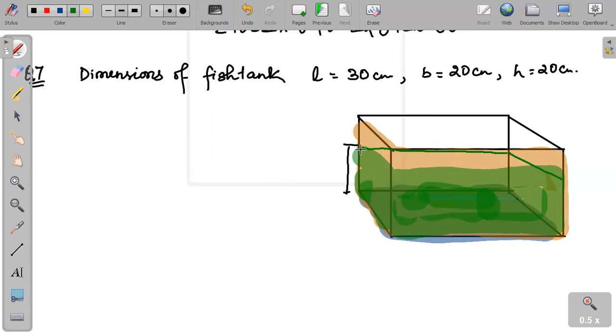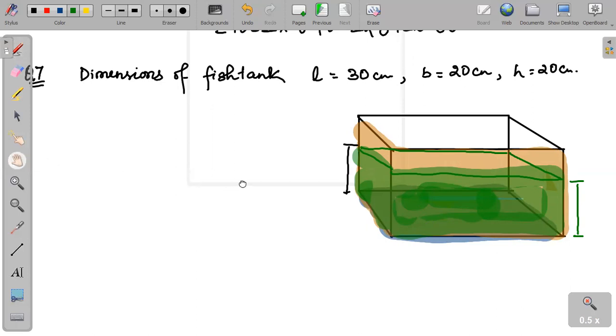ठीक है. So height-wise it is going to be filled up to 3/4 height. Is that okay? यानी lateral surface area जो मेरा है उस lateral surface area का 3/4 area is going to be filled, and the area of base will also be in contact with water. Is that okay?